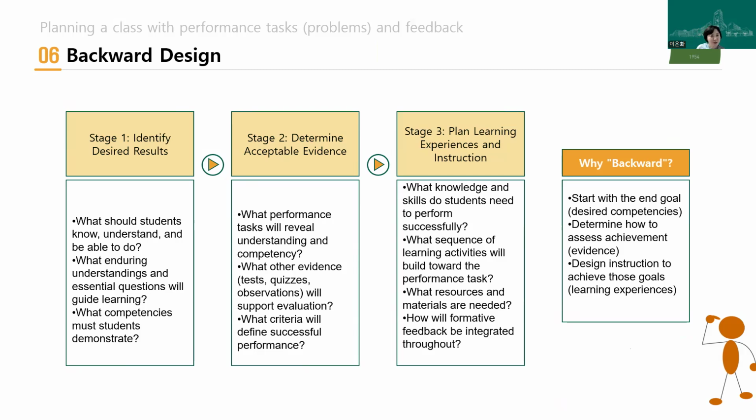Stage 3, plan learning experiences and instruction. What knowledge and skills do students need to perform successfully? What sequence of learning activities will build toward the performance task? What resources and materials are needed? How will formative feedback be integrated throughout? This creates the roadmap from where students start to where they need to arrive.